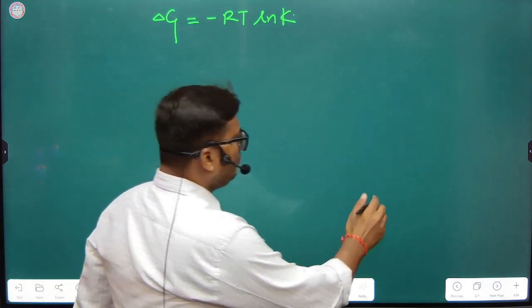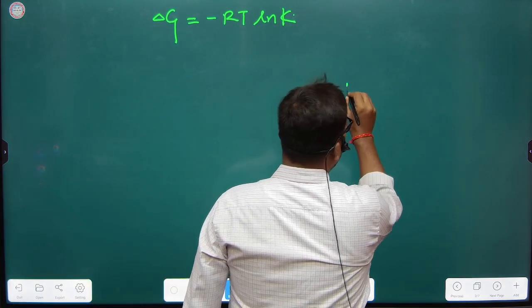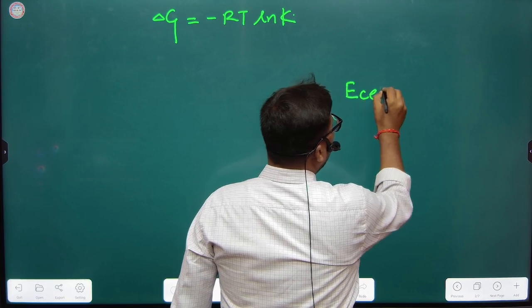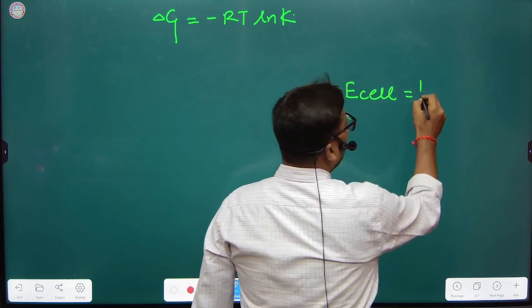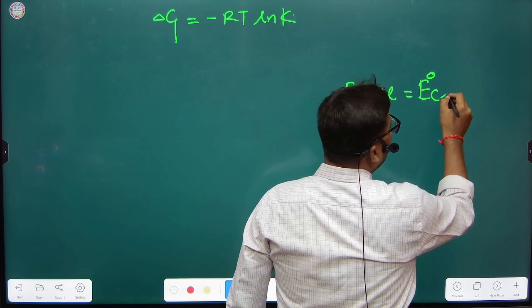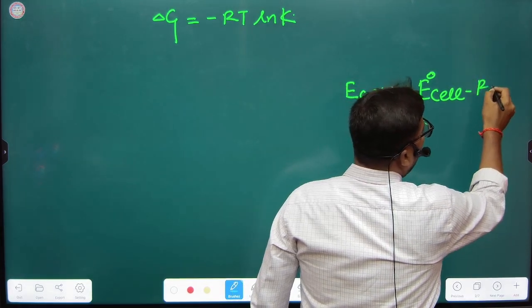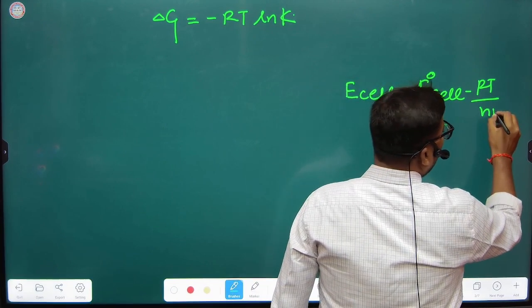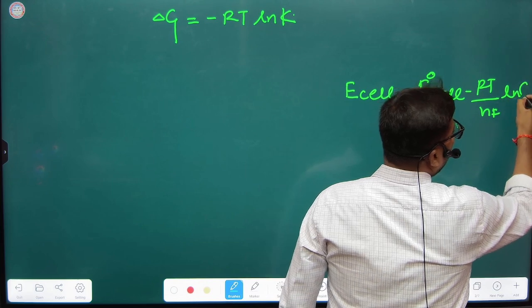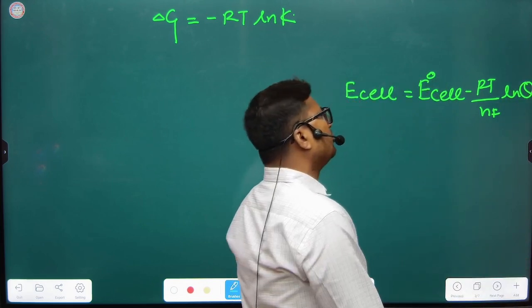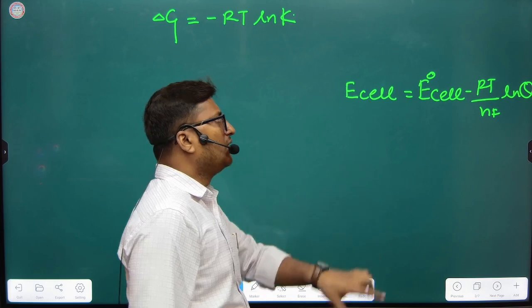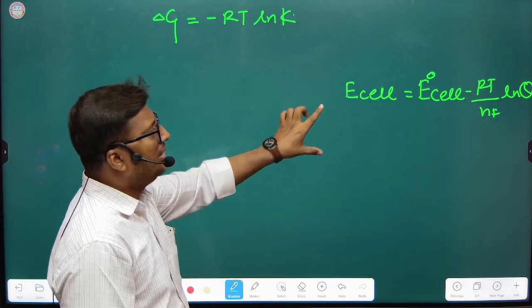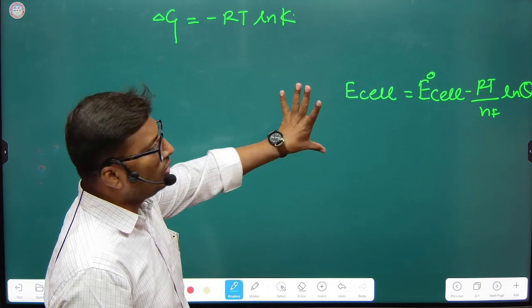So as you know, the Nernst equation: E cell is equal to E naught cell minus RT upon nF ln Q, right? So this is the Nernst equation, and it is for the electrochemical cell.